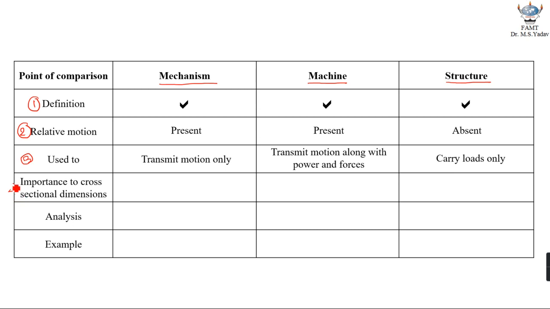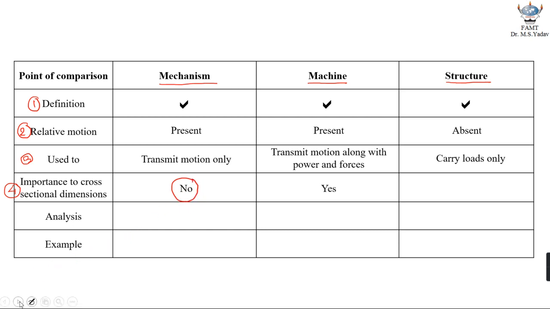The fourth point is whether importance is given to cross-sectional dimensions or not. Since a mechanism is used to transmit only motion, it is not supposed to transmit power or forces, so no importance is given to the cross-sectional dimensions.